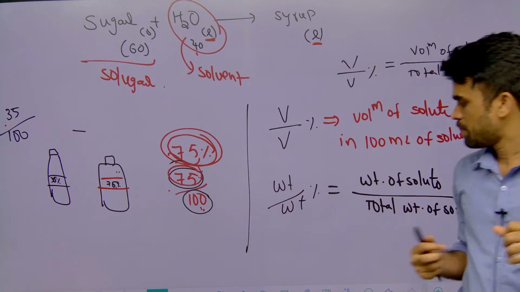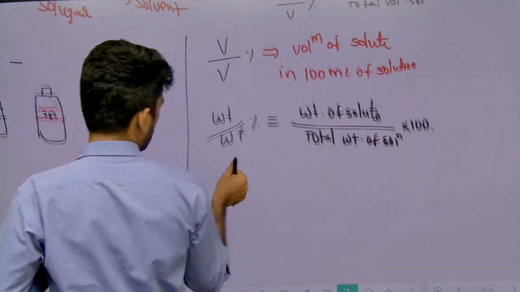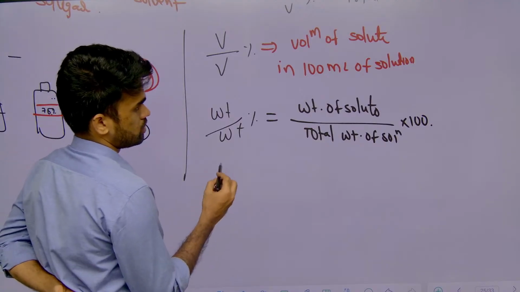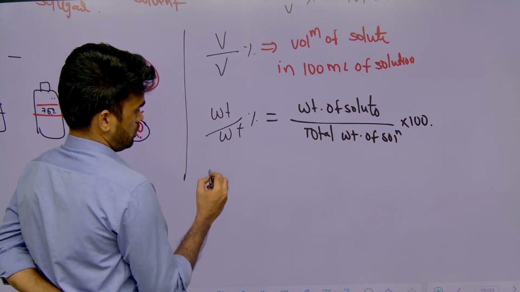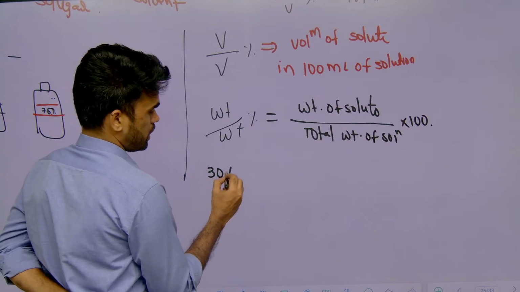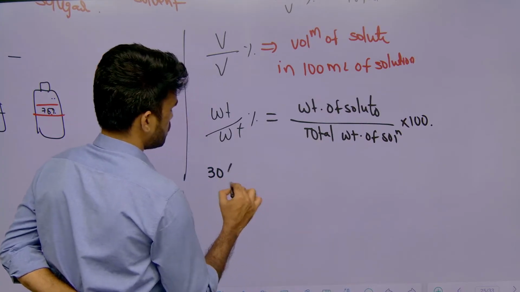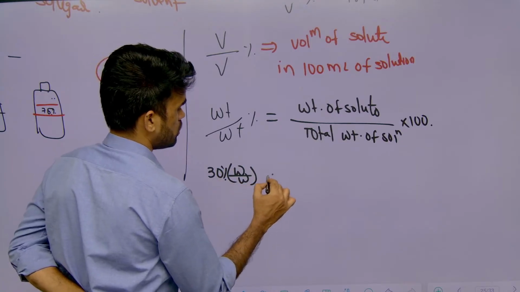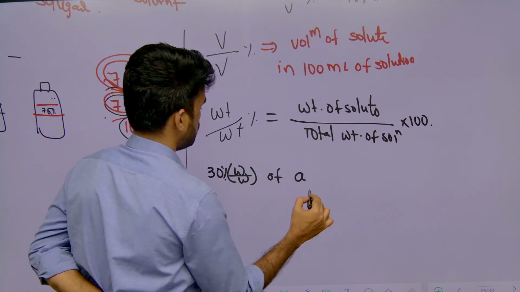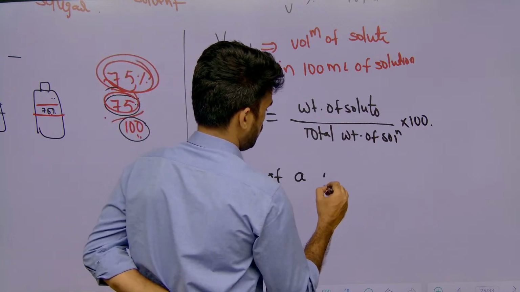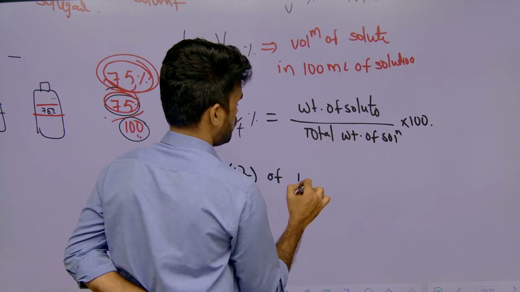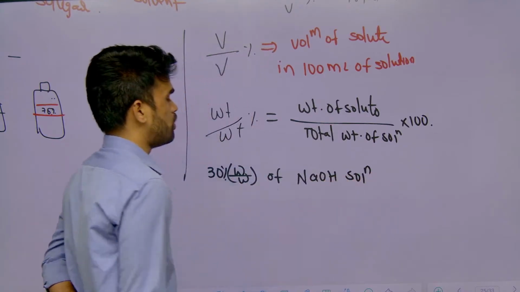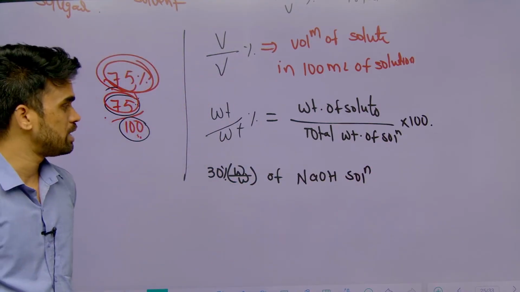For example, there is something like this: 30% weight by weight of NaOH solution. What does it mean? Tell me.